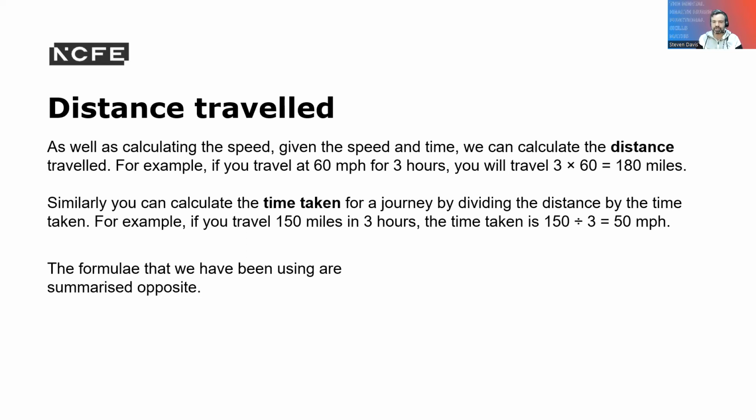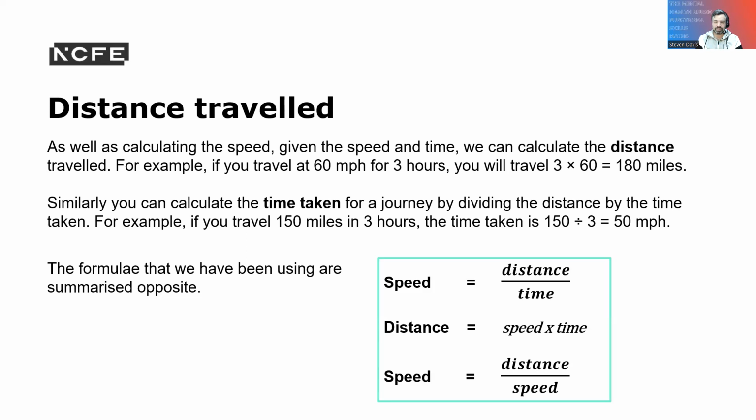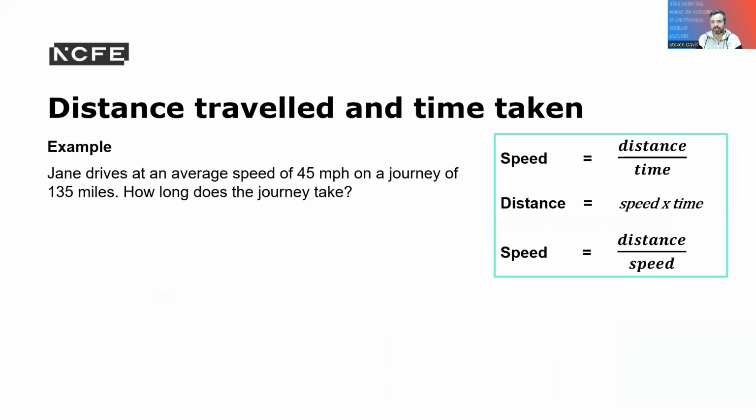If you travel 150 miles in 3 hours, then you are traveling 150 divided by 3, so 50 miles an hour. The formulas we have been using here are summarized: speed equals distance divided by time, distance equals speed times time, and time equals distance divided by speed.